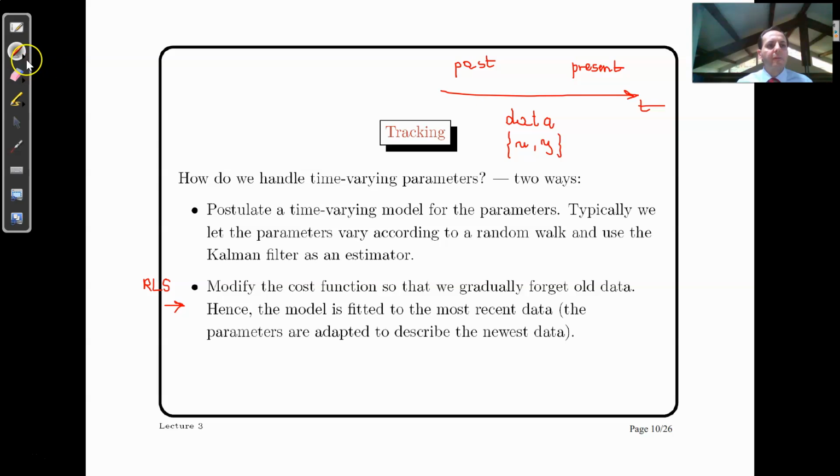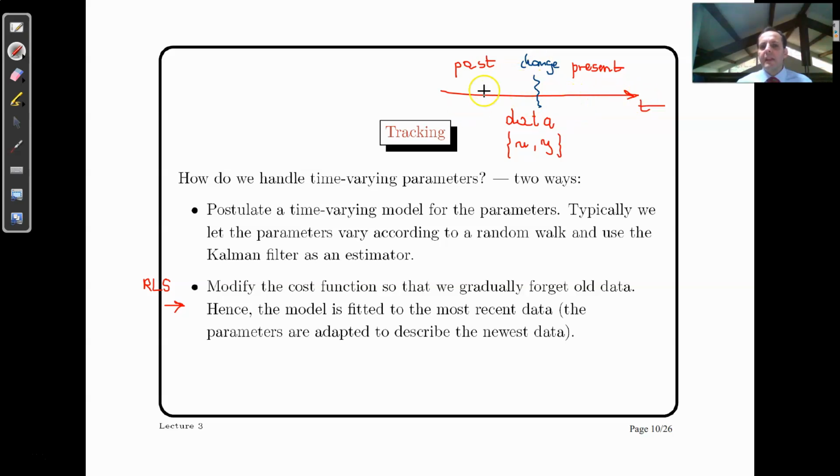You can assume, for example, I'm changing the color here. There is a change in your time series.